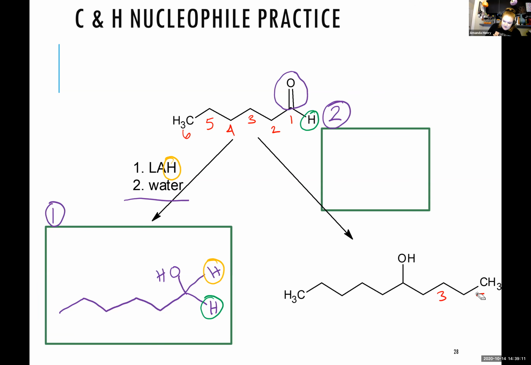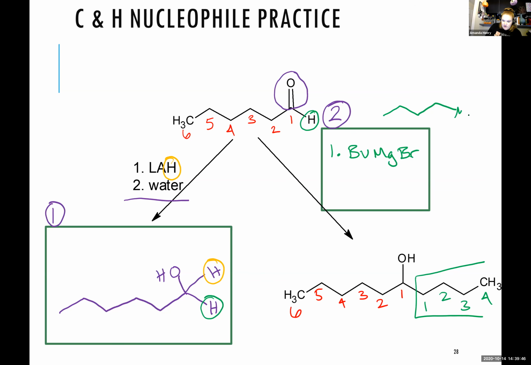So I'm going to erase those numbers. So going the other direction, 1, 2, 3, 4, 5, 6. So that tells me that essentially the left side of this molecule is my original chain, and what I need to add onto it is this 1, 2, 3, 4, this butyl group. So my reagents then would be butyl magnesium bromide, or we could draw it 1, 2, 3, 4 bonded to a magnesium bromide.